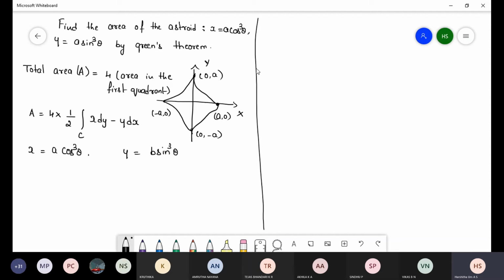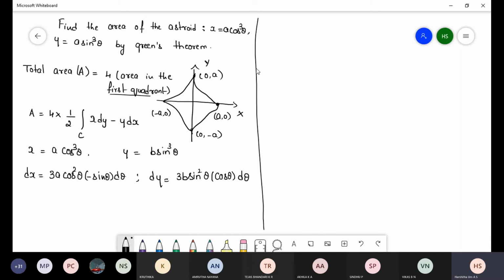So what are the necessary terms here? dx is equal to 3a cos square theta, again cos theta differentiation is minus sin theta d theta. Again here dy is equal to 3a sin square theta, differentiation is cos theta d theta.